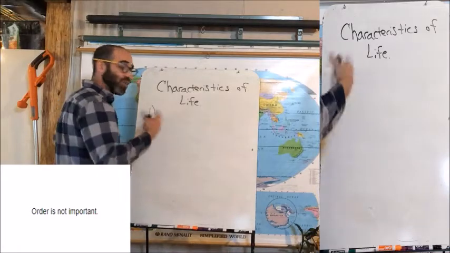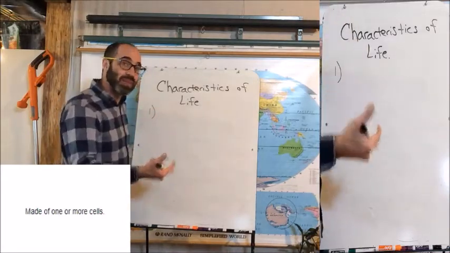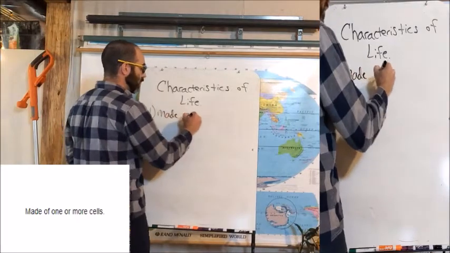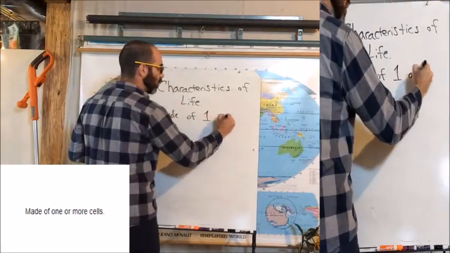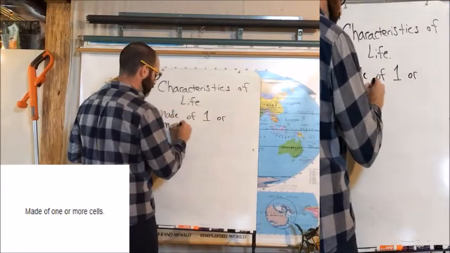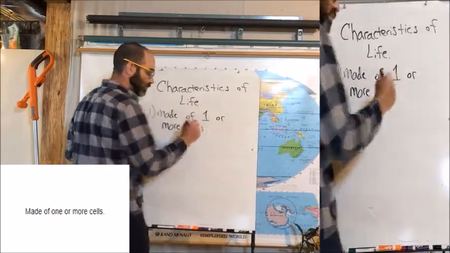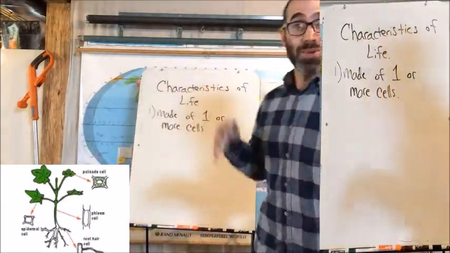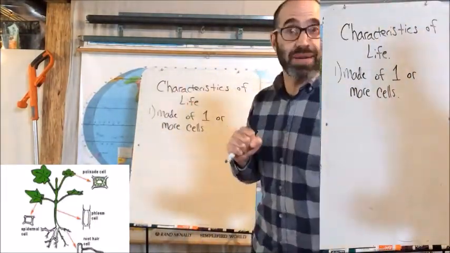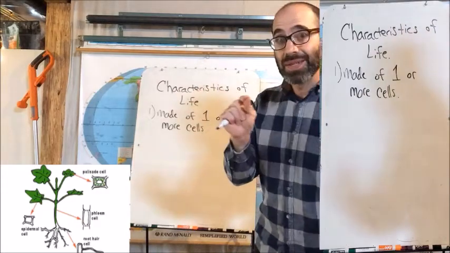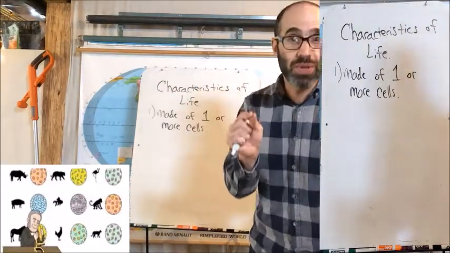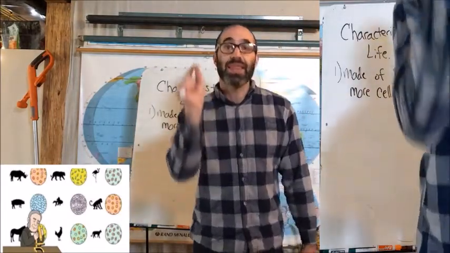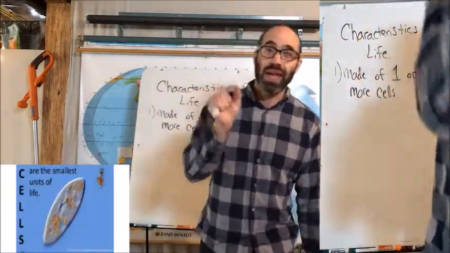Okay? The first one is that a living thing has to be made of one or more cells. Made of one or more cells. We're going to talk about cells, in fact, right after we talk about the characteristics of life. Because the cell is the smallest unit of life. The cell is the smallest thing that can have all 7 characteristics.